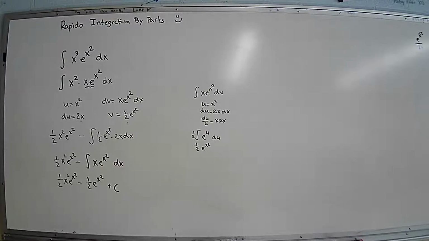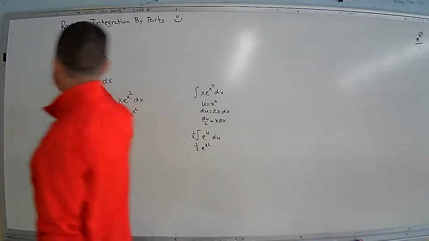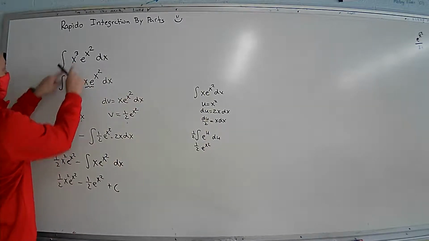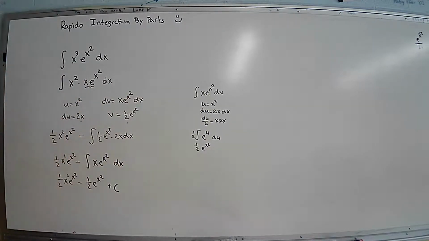So I regrouped, and I said, okay, I'm going to think of 50 as 40 plus 10. Well, same thing here. I can't just anti-differentiate e to the x squared. I need an x next to it. So I'm going to think of that x cubed as x squared times x. Okay? This is called reassociating factors. Okay, fancy term, but you don't need to know that necessarily. But it's borrowing. All right?